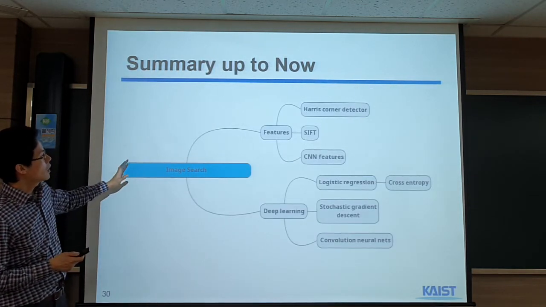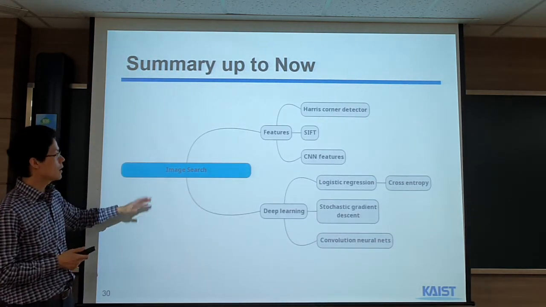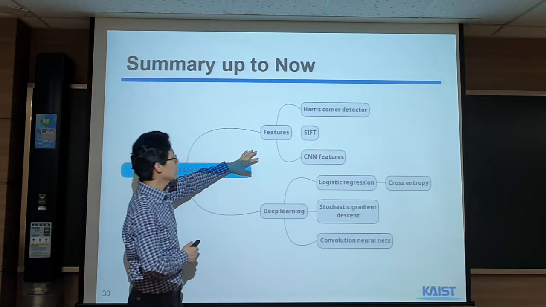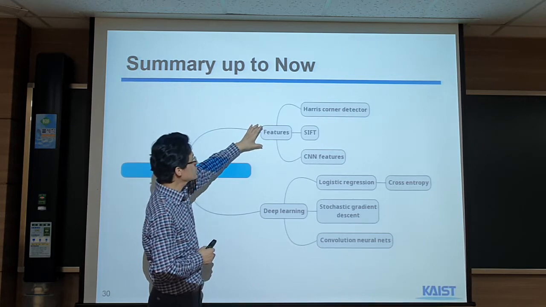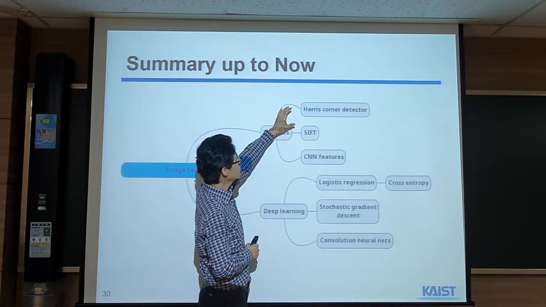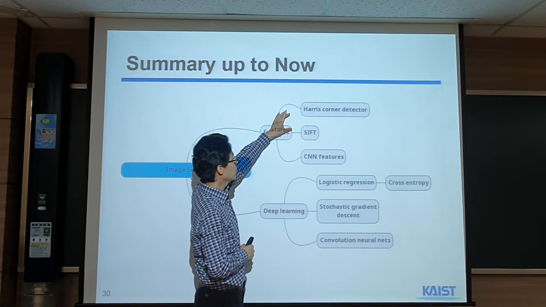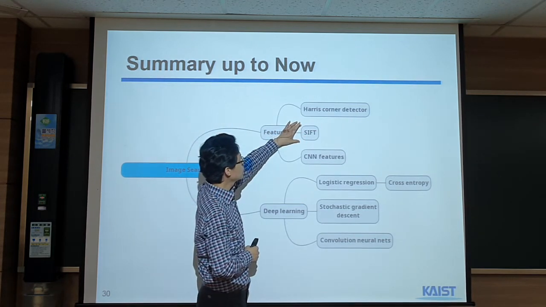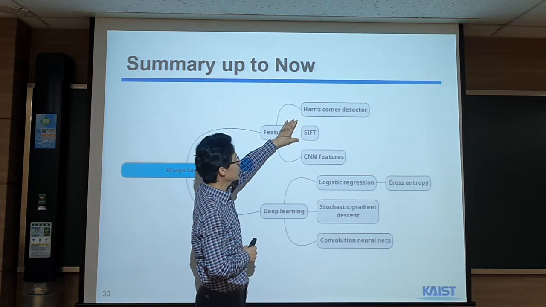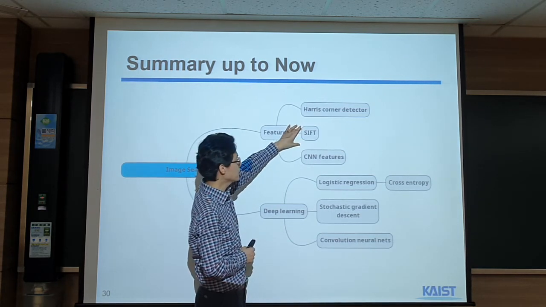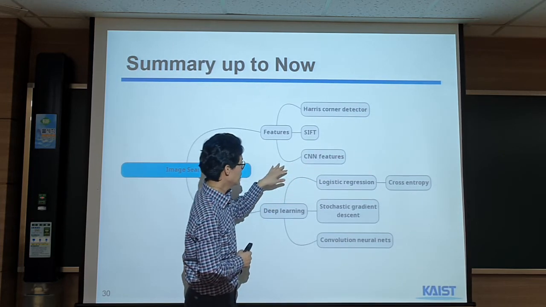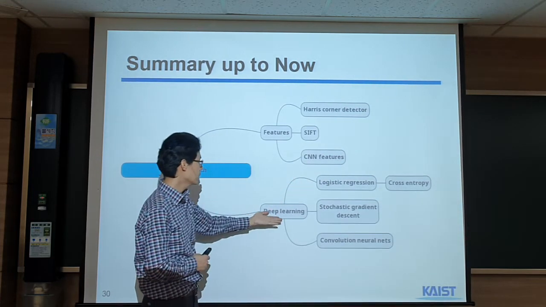Okay, before I finish off, so far I talked about some of the components of image search. We mainly talked about features. Initially we talked about the corner detector, the Harris corner detector, and then some of the very well-known manually created features, SIFT, which is rotation and scale invariant. Also, we talked about CNN features. Besides CNN, I talked about deep learning.